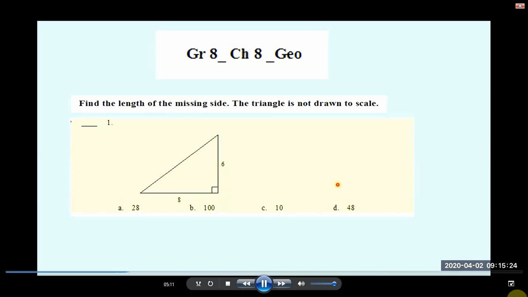Root 100 equals 10. Excellent. 6 squared plus 8 squared gives the square of this side, then take the square root to get the length. 6 squared plus 8 squared equals 100, and the root of 100 is 10. Easy? Yes.